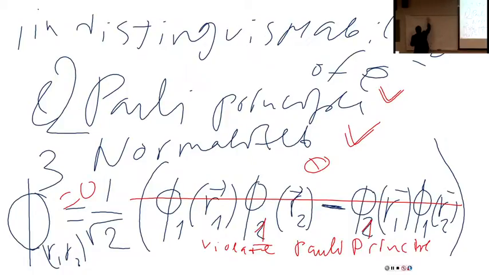So this will be wrong. R1, R2. Now I will practice the same style of wave function. 1 over square root of 2, phi 1 of R1, and then not phi 2, but phi 1 again. Phi 1 of R2, right? I'm placing both electrons into the same quantum number. Minus, and then I'm swapping phi 1 of R2, phi 1 of R1.